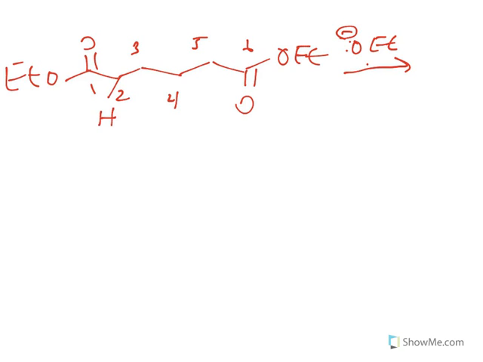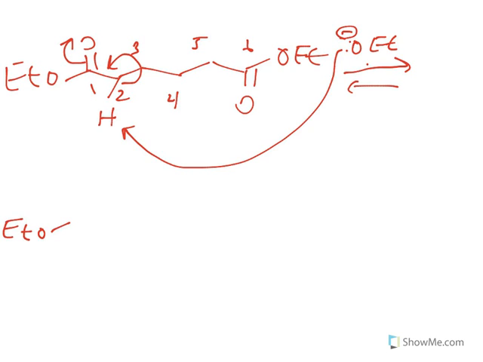So I'm going to put an alpha hydrogen there at carbon 2, and I'm going to form this enolate. And this is a reversible process. So now I have my enolate on carbon 1, and I have a double bond between carbons 1 and 2.